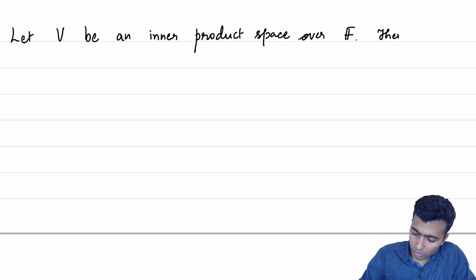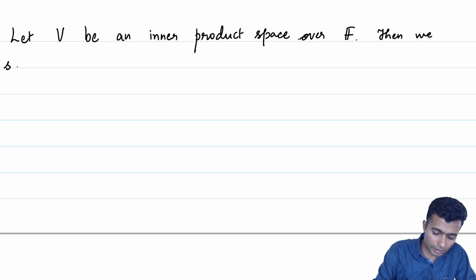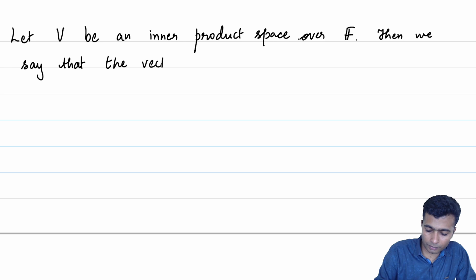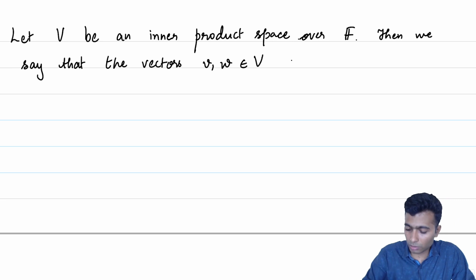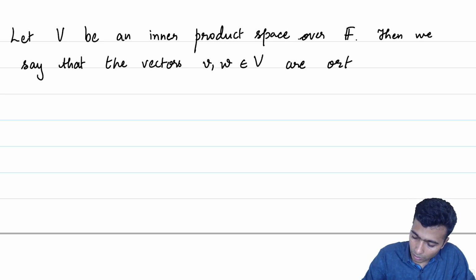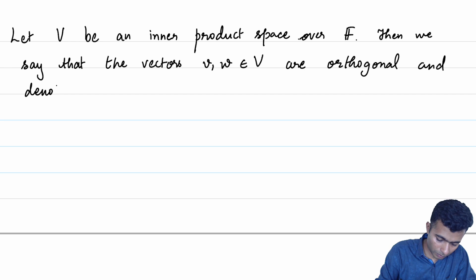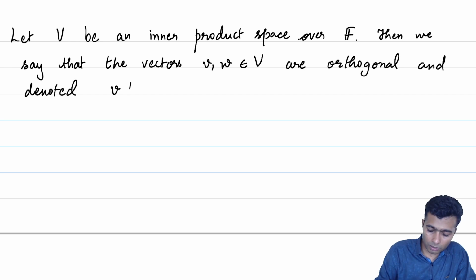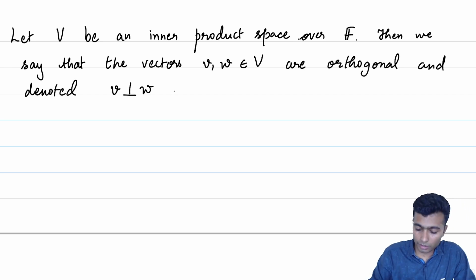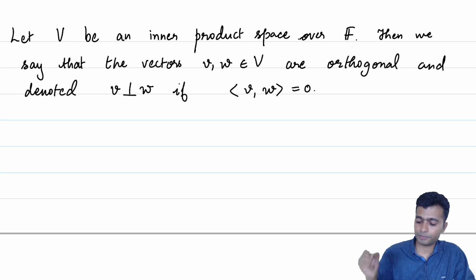Then we say that the vectors v, w in V are orthogonal to each other, denoted v orthogonal w, if the inner product of v and w is 0.